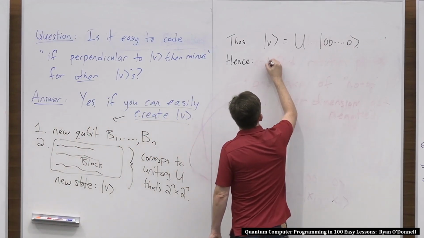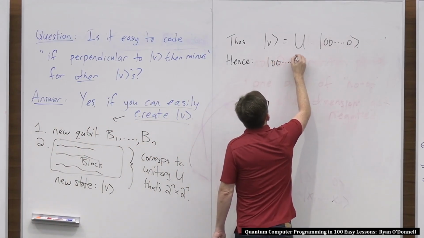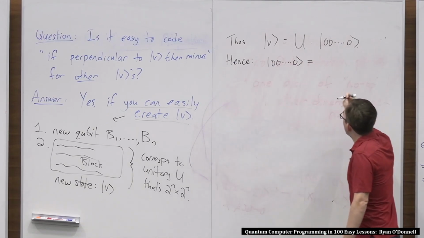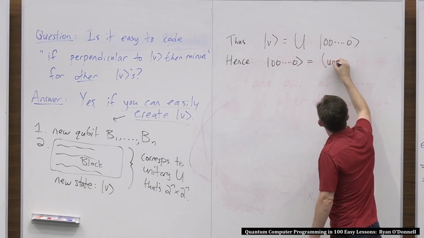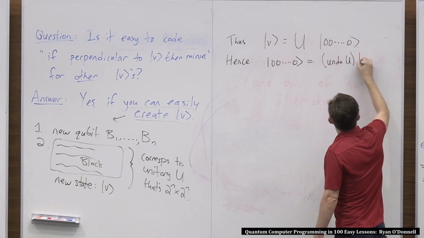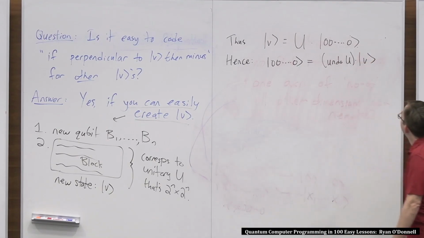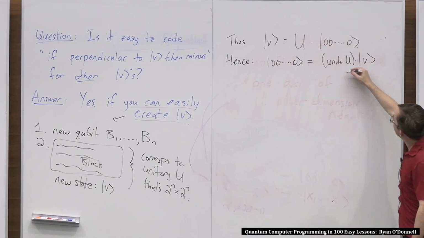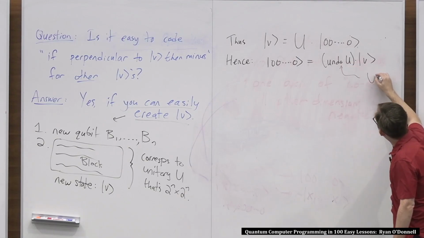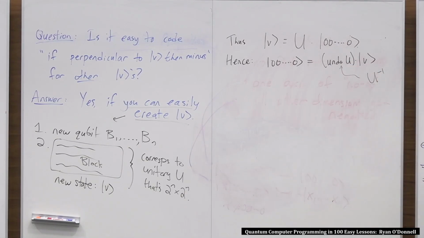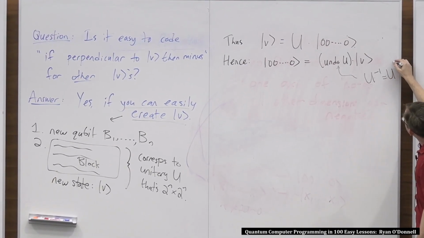And therefore, you could say that, conversely, ket all zeros is what you get by applying the undo of u to V. If you remember our homework, mathematically, this is usually called u inverse. And since it's also a unitary matrix, it's the same as u dagger or u conjugate transpose. But I'll just write the undo of u.